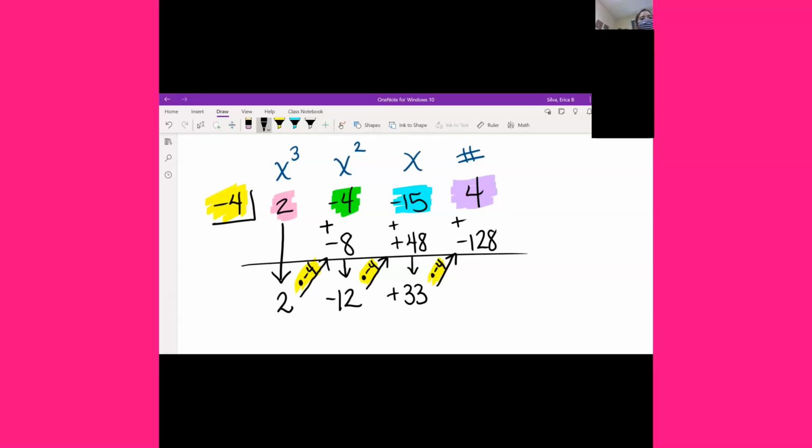Sorry, is it 28? No. 132. 33 times -4, right? Put it in your calculator. 33 times -4. I checked my work. -132. Put it in your calculator. 33 times -4.